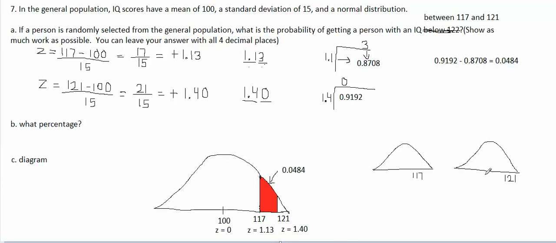And I'll put 117 right here, just so we'll need this for later.